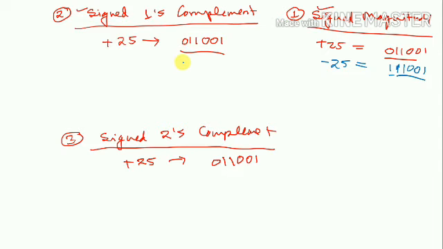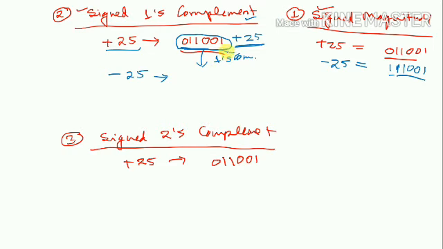So what will be the representation here? This is the plus 25 in 1's complement representation. If you want to represent minus 25 in signed 1's complement method, then at first you find plus 25.